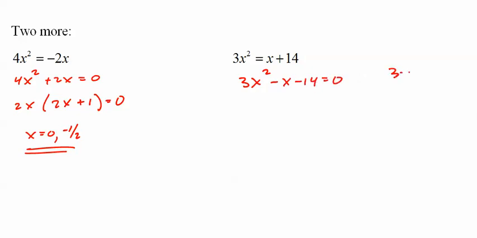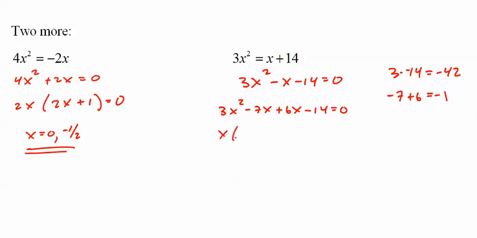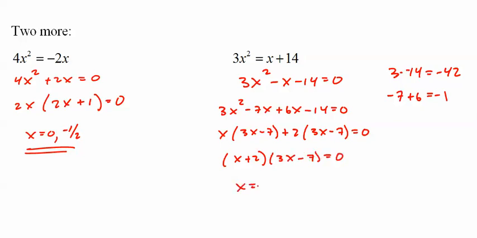3 times -14 equals -42. -7 plus 6 equals -1. 3x² - 7x + 6x - 14 = 0. x(3x - 7) + 2(3x - 7) = 0. (x + 2)(3x - 7), x = -2, 7/3.